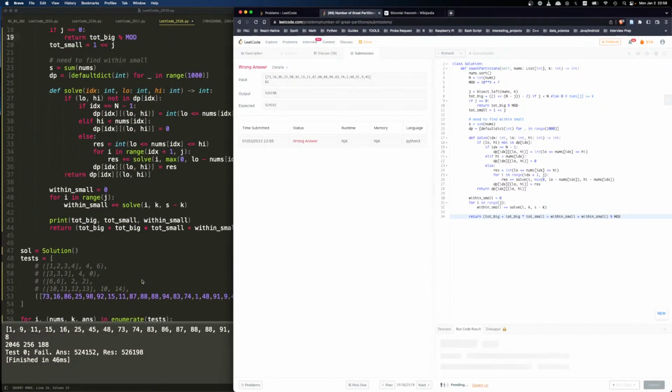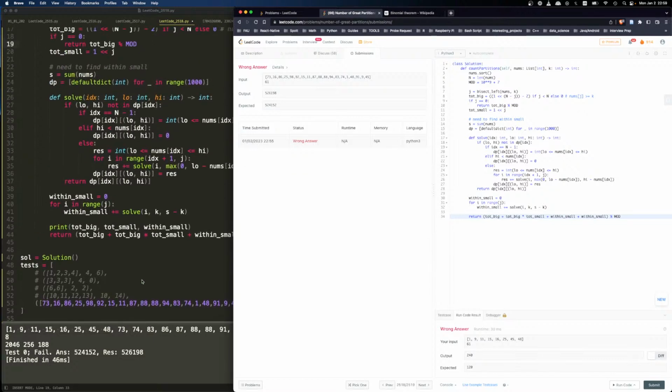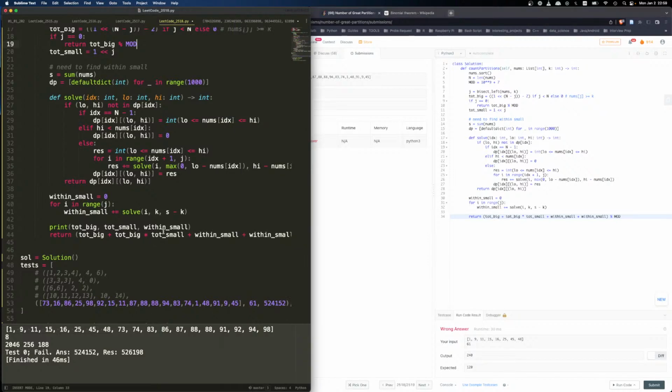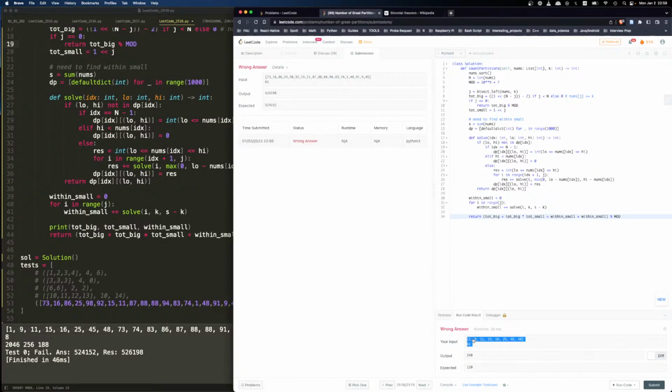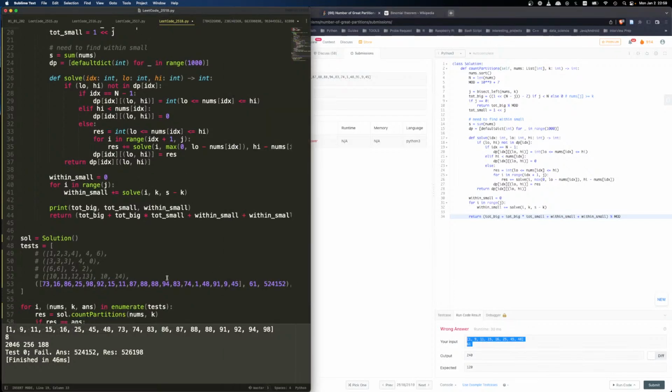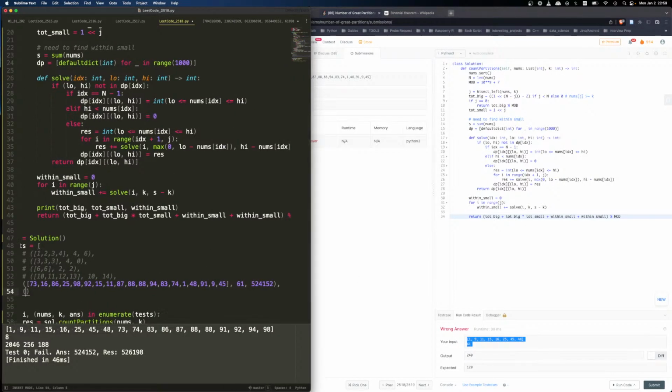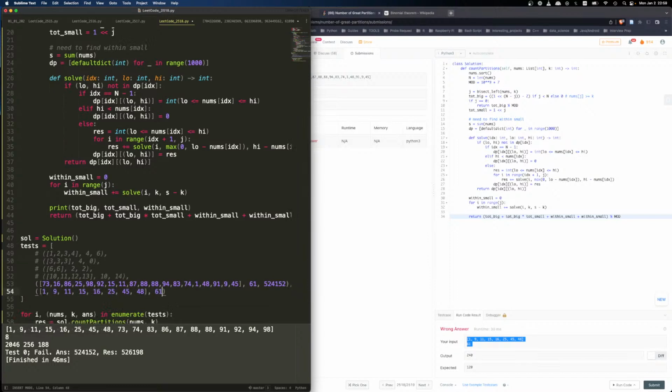I have 188. Now within small. That's very wrong. 120.